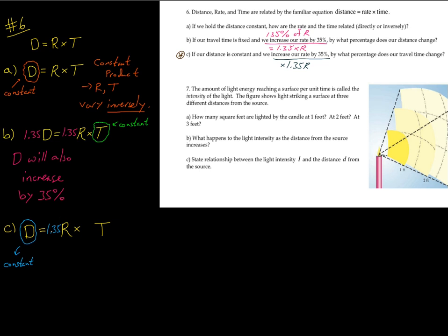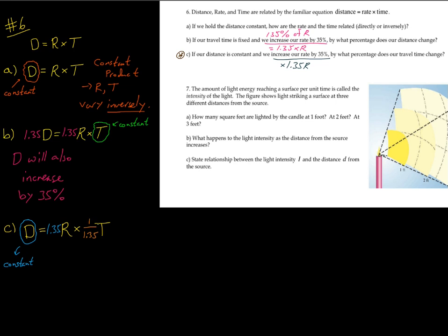Well, here's the deal, right? The left side is fixed. So if I multiply the r by 1.35, I'm going to have to counteract that with a division by 1.35. So these two effects would cancel out. Okay? Now here's the tricky part.